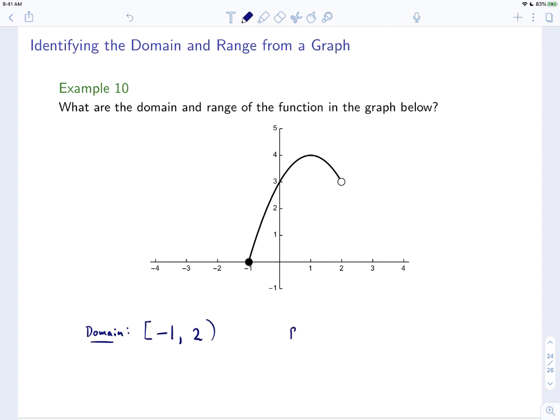Now what about the range? The range is all of the output values.